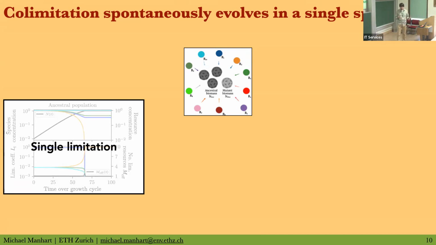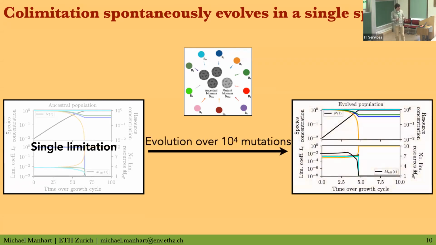So now we do this evolutionary simulation. How does it change? So we look at the population dynamics up here, and it's pretty similar. It's just faster because that's obviously selection driving it to do things faster. But if we look at the limitation behavior, we see that instead of there being like one really limiting resource and the other ones less, we see all the resources have pretty similar levels of limitation. And that corresponds to a number of limiting resources that's about 7.